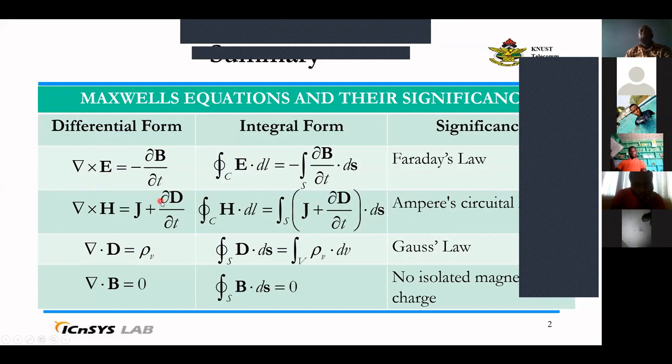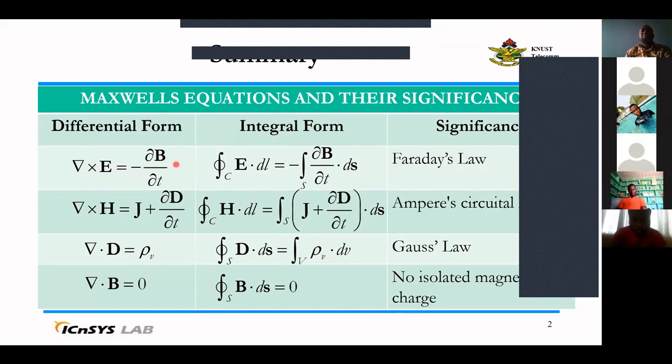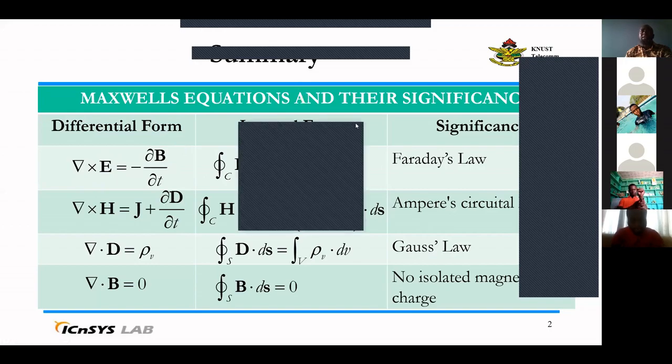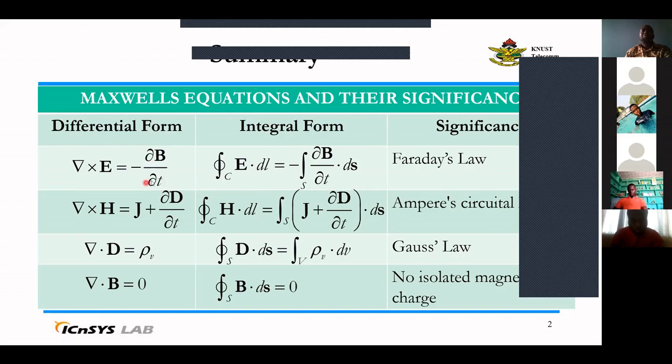And we said also that they vary in space. So if you look at the Cartesian or rectangular coordinates, E will vary along X, Y, and Z. B will also vary along X, Y, and Z. But as you see here, they do not only vary in space, they also vary in time, because B varies with respect to time here.